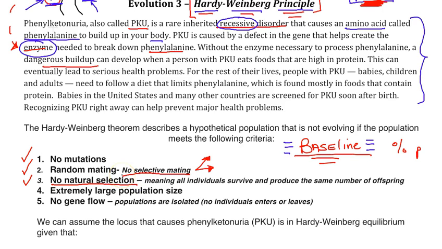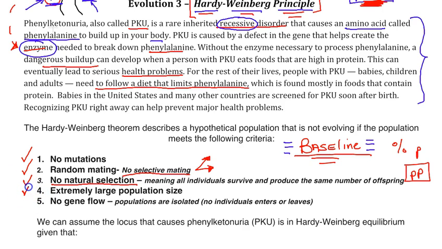Well, because we are understanding people that have PKU and we're helping them follow a diet that limits that amino acid that can be deadly, people aren't dying of PKU. Therefore, we're not lowering that number of people who are homozygous recessive because they're dying of that disadvantaged type of illness. We're helping most of them. So there's no natural selection.